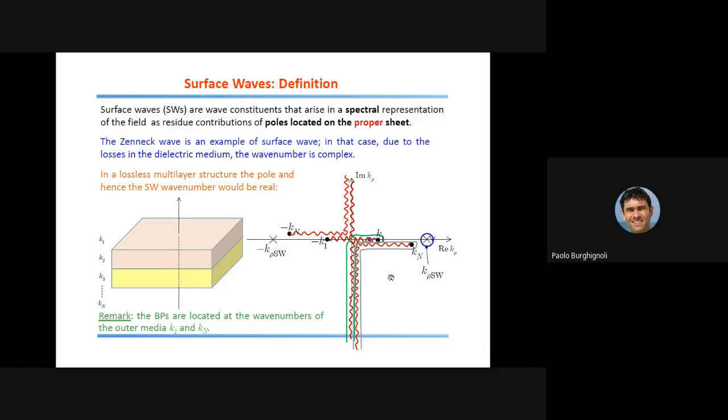However, in the absence of losses, like in a multi-layered lossless structure, the pole would be located on the real axis, and therefore the surface wave number, k rho surface wave, would be a real number. So no attenuation in the exponential that describes the propagation of the surface wave.